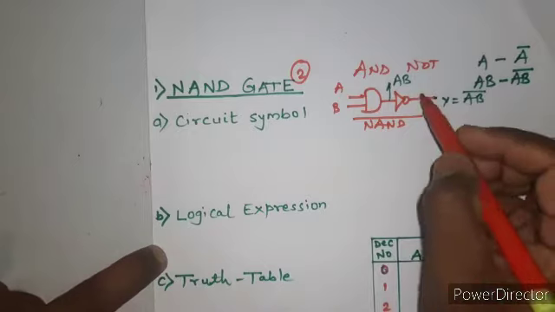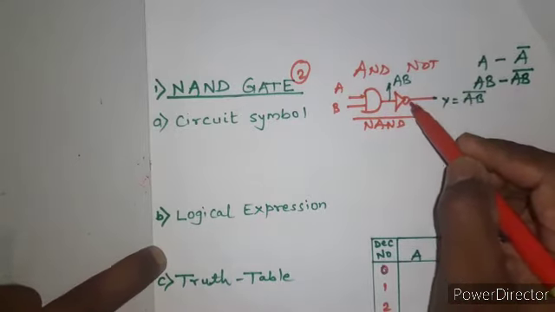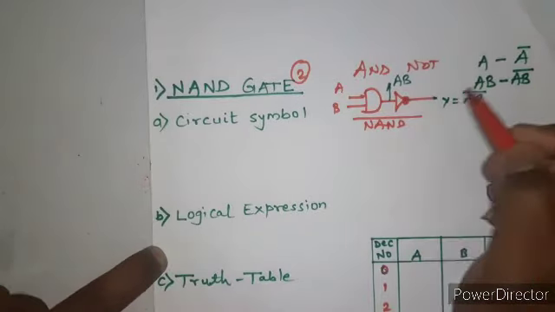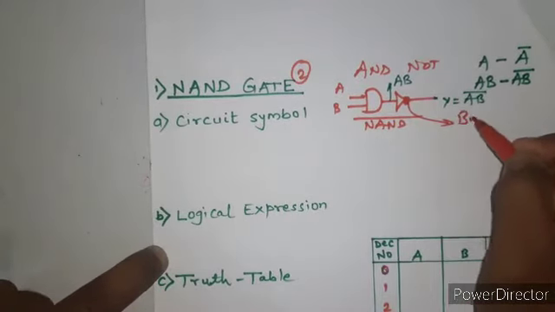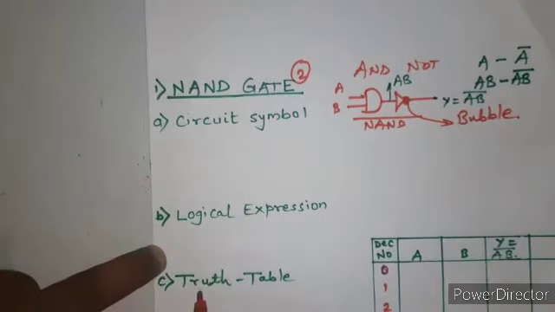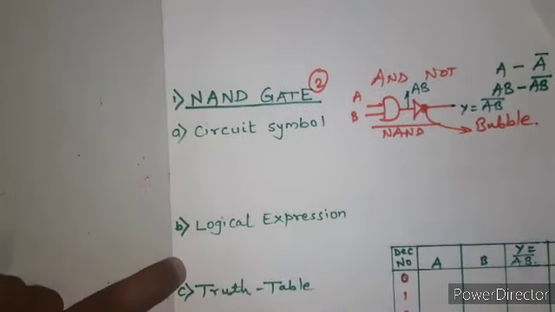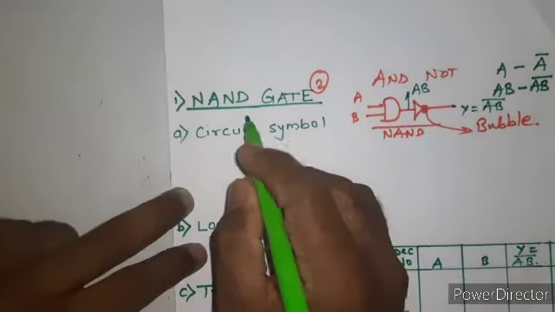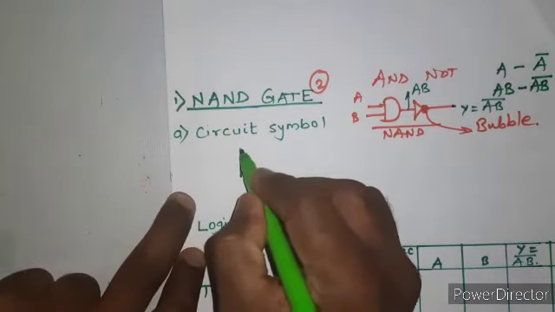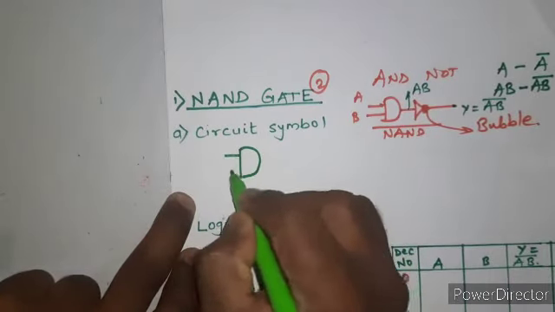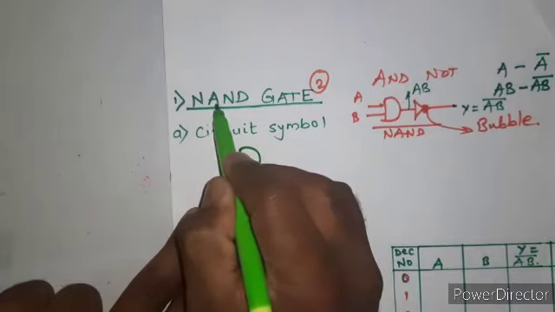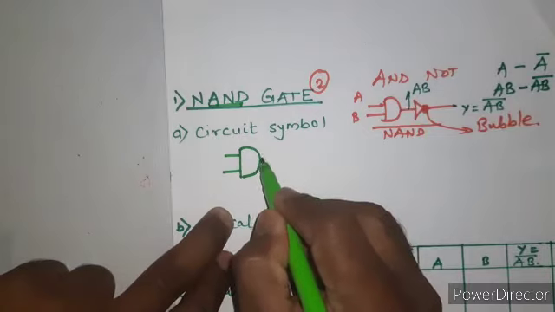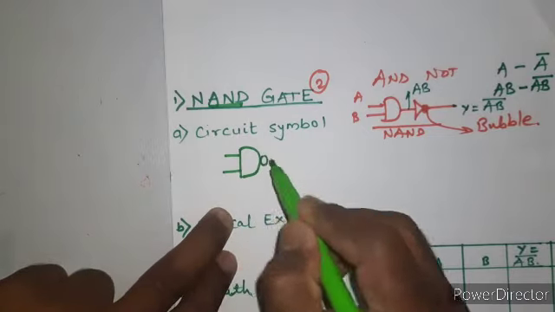The actual symbol. Just recall that while discussing the NOT gate, we said that this bubble is important. Now the circuit symbol for this NAND gate is, since in the NAND gate we have AND, the symbol of AND gate will reflect here, this way, and simply a bubble will be here.